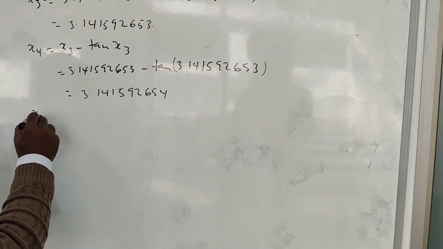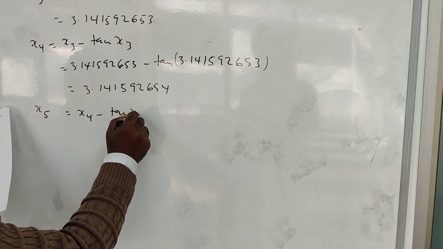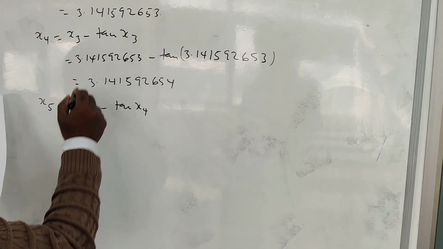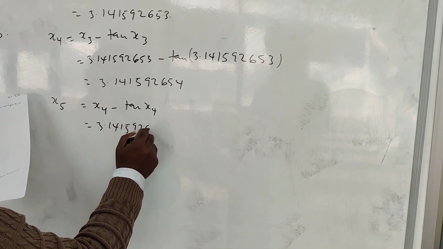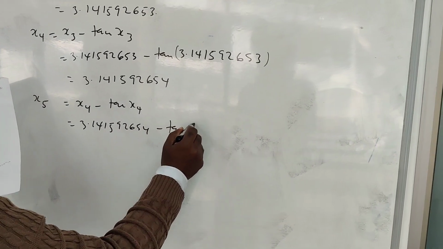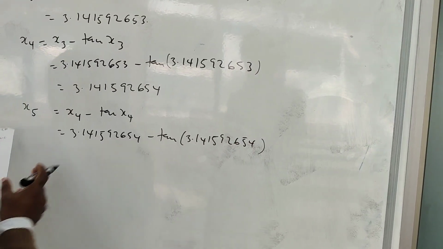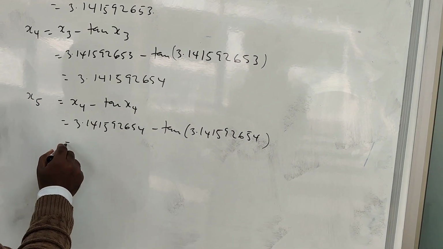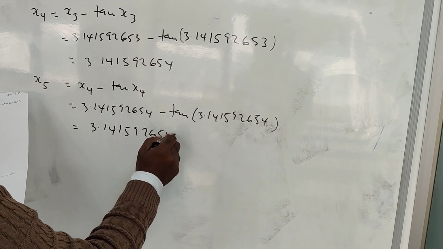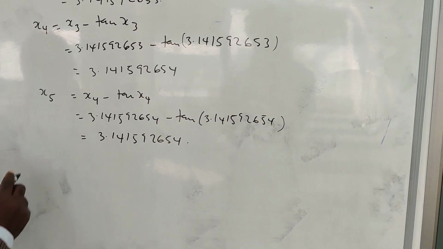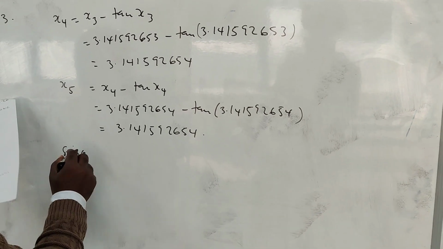We can go ahead to determine our x5, which will be x4 minus tan x4, where we derived x4 to be 3.141592654. We can continue on and on like this. Simplifying this, we have x5 equal to 3.141592654.